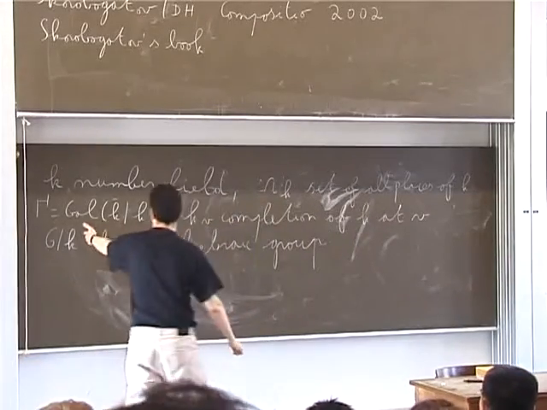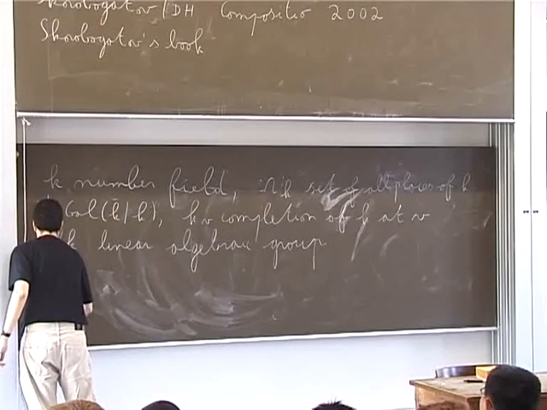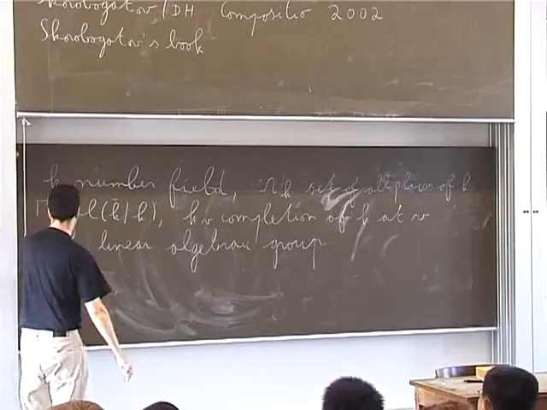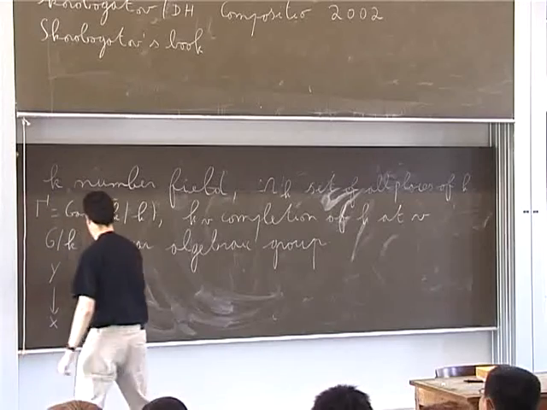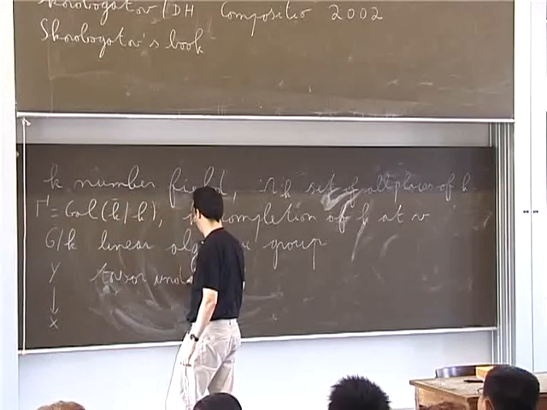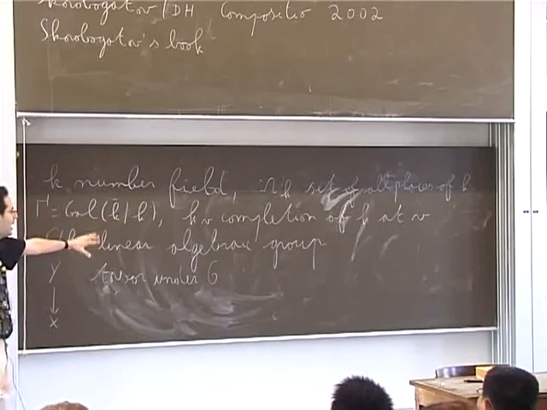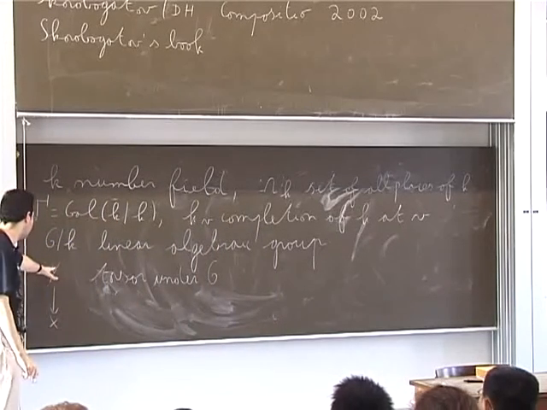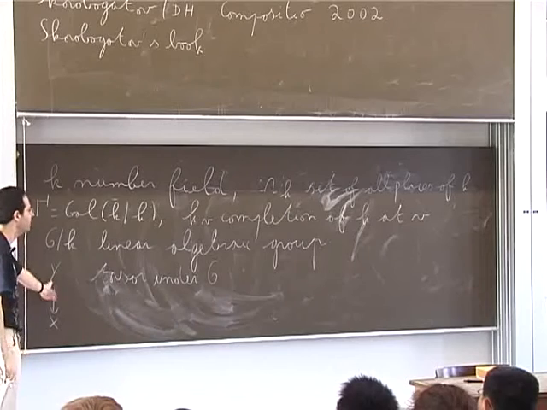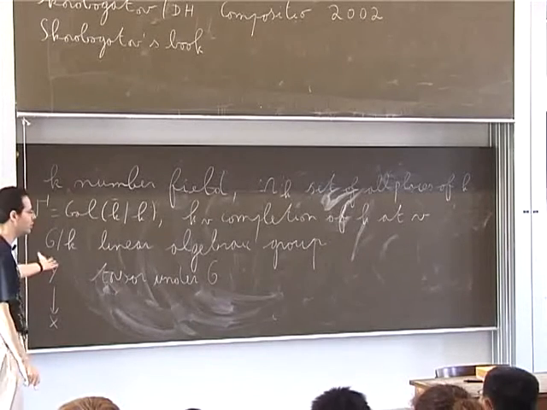And the situation I wanted to consider was Y over X, a torsor under G. So if you prefer, a principal homogeneous space. Recall that this just means that there is an action of G on Y compatible with this morphism, and the action should be simply transitive in the geometric fibers.